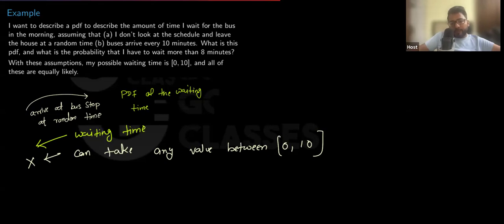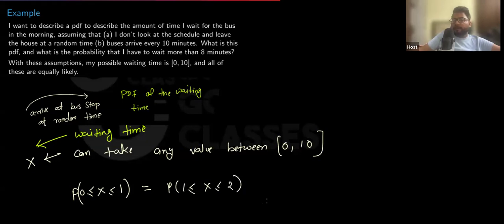Now tell me, if I ask you what is the probability that you may be waiting, let's suppose, 1 minute, which means between 0 and 1. This is basically the same as the probability that you are waiting between 1 and 2, right? Because the bus may come anytime.